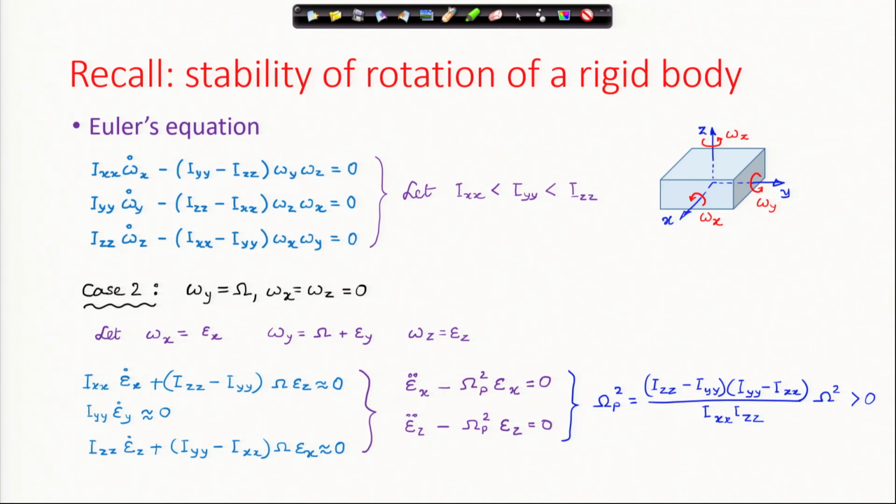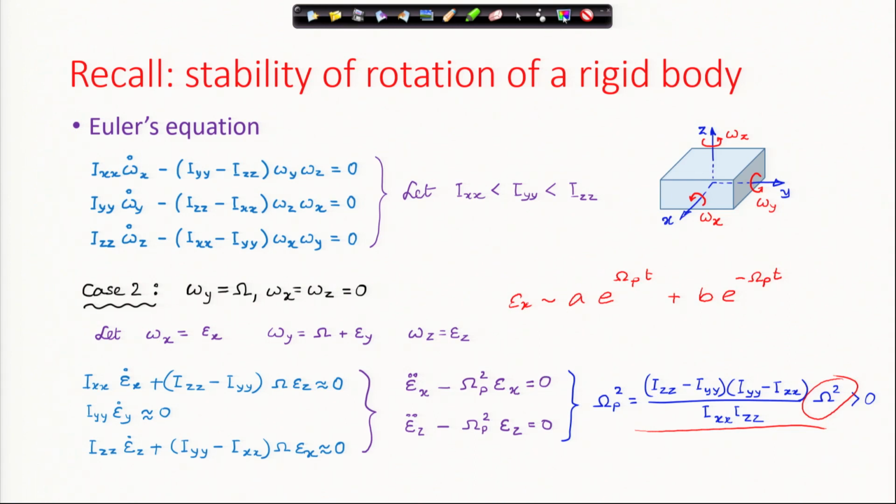If you look at the solutions of these equations, they are of the form some constant times exponential omega_p t plus another constant times exponential minus omega_p t, where omega_p is obtained from here, and this is in terms of the spin that has been given to the body.